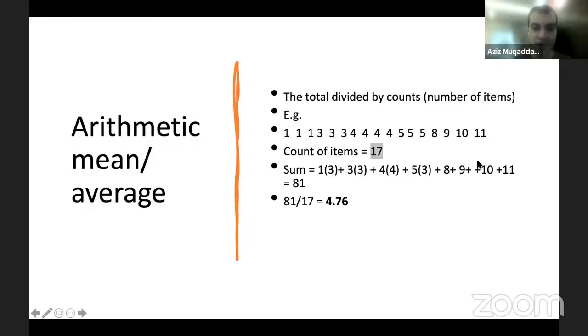I calculated the sum and I get 81. Then I divide it by the number of people, 17. So the average here is 4.76 out of 11. So the people are not very motivated in this case. That's the average.